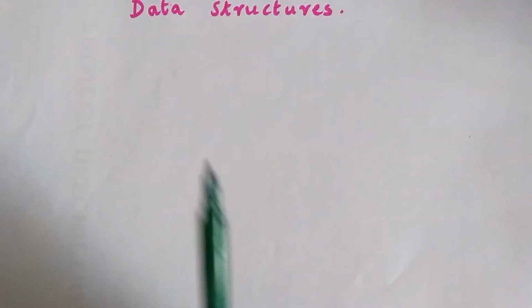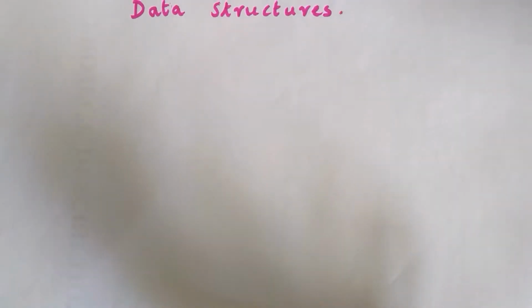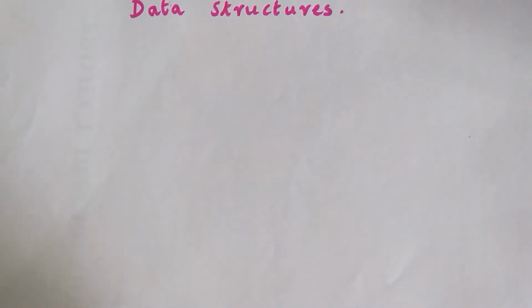So first, what is the definition of the data structure? Let us see data. Data is nothing but the information that we have gathered from people or something. These are nothing but the details of a particular person or a particular thing, anything. This is called data.